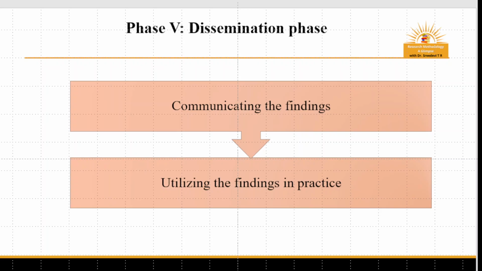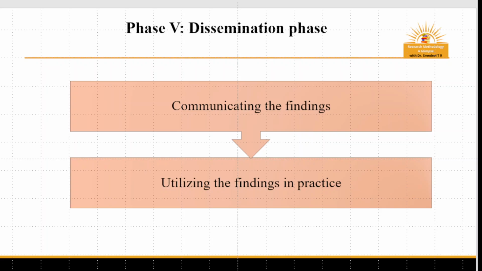The analytical phase provides answers to the questions posed in the first phase of the research. So after analyzing, the results have to be interpreted, that is, making sense of the results and examining their implications.